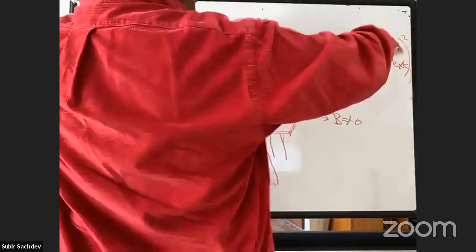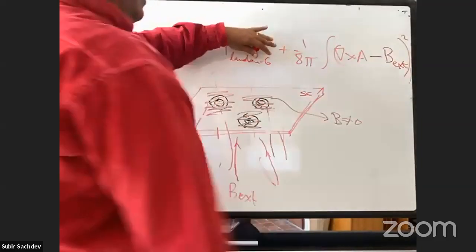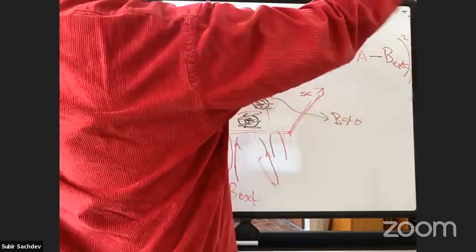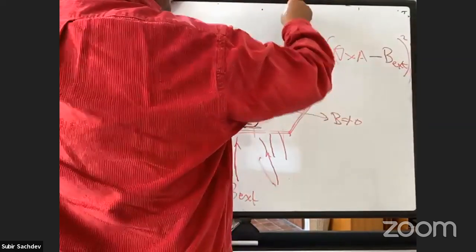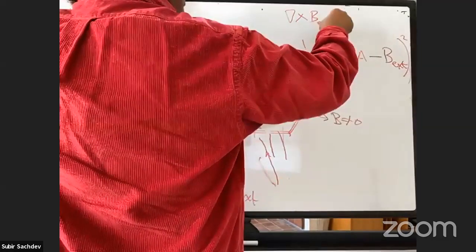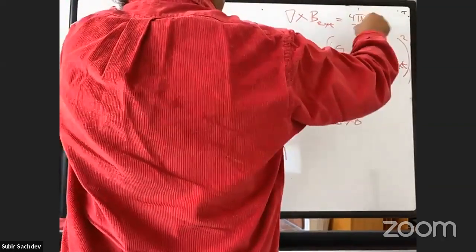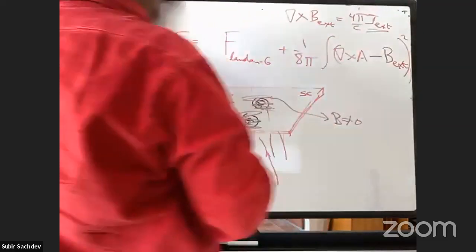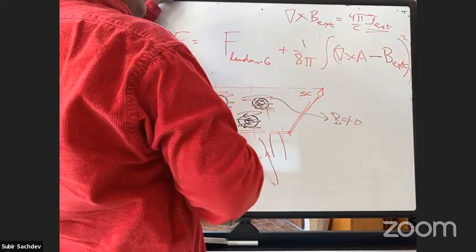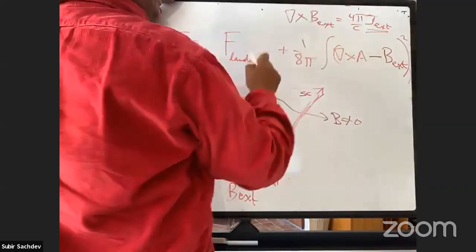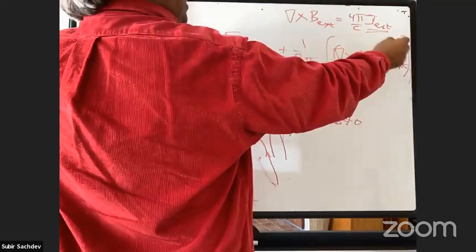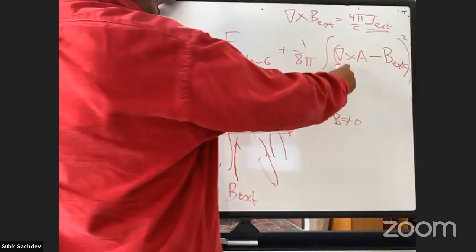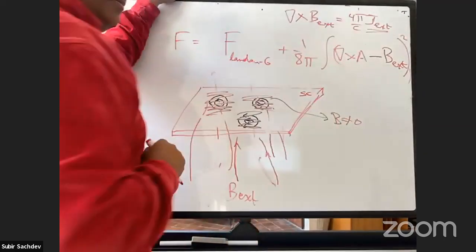If you take the variations of this, you'll just get Maxwell's equations, where the magnetic field is created by the external current. So there's some external current, and del cross Bx is equal to 4 pi over c Jx. This is how you think about it. You have some Jx in your lab that you have under control, and from that Jx you get a Bx. If I plug this in here and take d by dA of this, I'll just get Maxwell's equations, that del cross A is 4 pi over c Jx. We can check that.